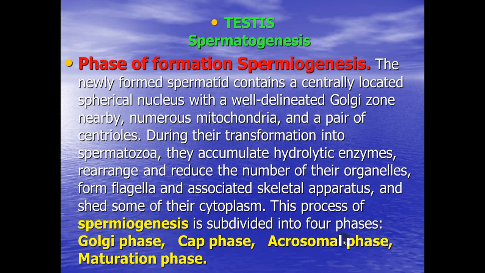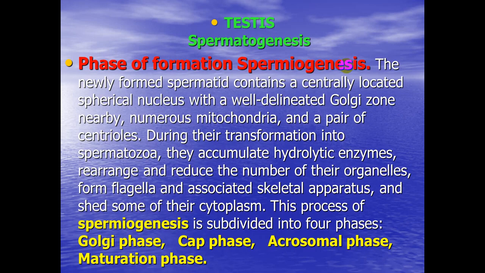So, the last phase of spermatogenesis is the phase of formation, or spermiogenesis, when elongated oval-shaped cells change into the mature sperm cell. And this transformation takes place inside the cytoplasm of the Sertoli cell.